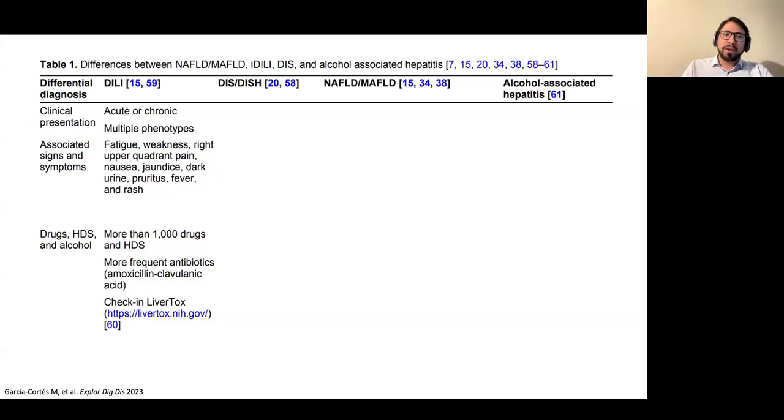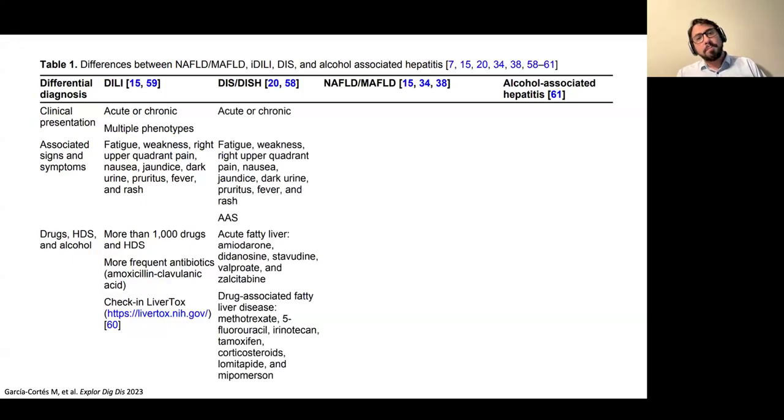The typical drug-induced liver injury will present in an acute or a chronic way with multiple phenotypes, multiple symptoms, sometimes with no symptoms. And we know that more than 1,000 medications can cause this. But in the opposite corner, we know that there are some medications that have a direct steatotic mechanism in the liver. And these medications can also cause symptoms or not.